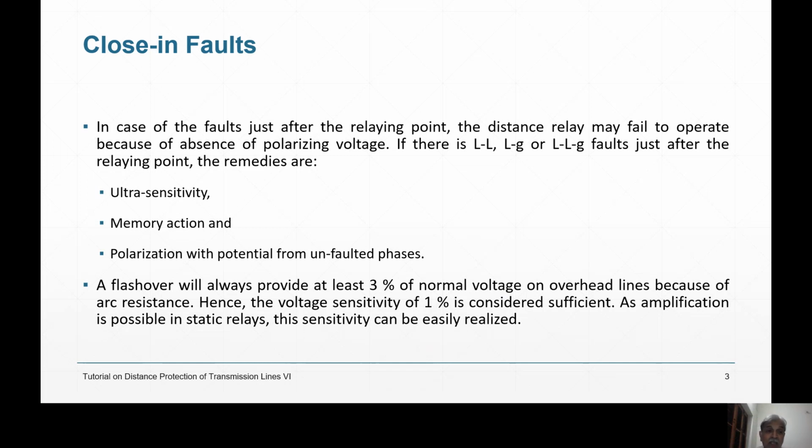That is wrong. But if a static relay is there, voltage can be improved by ultra sensitivity. 5 kilometers can be brought to 1 kilometer, right? So that is one remedy.